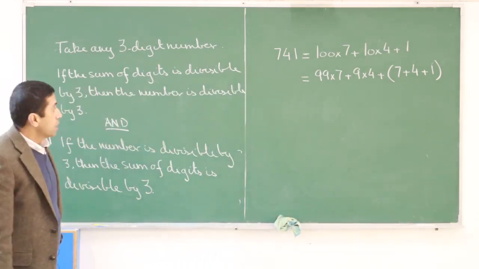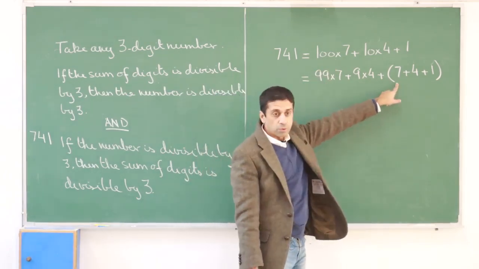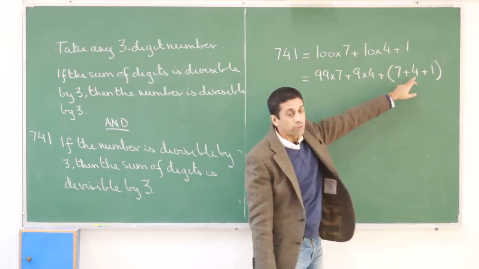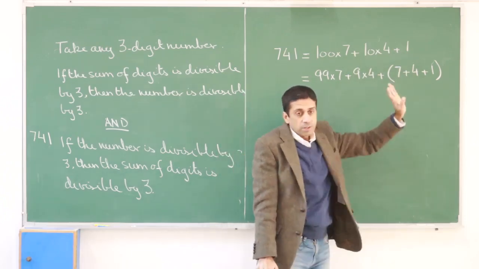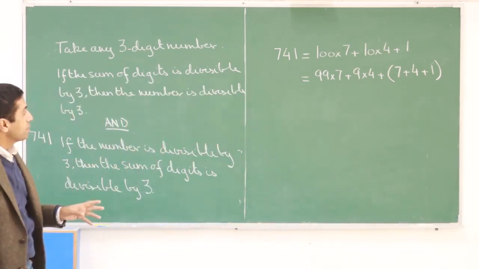Any problems with that? I have 100 sevens. 99 sevens go here, 1 7 goes here. There were 10 fours, 9 fours go here, 1 4 goes over here. There was just 1 1, 1 1 goes over here. So I've done nothing illegal yet. Okay, I'm not going to do anything illegal.